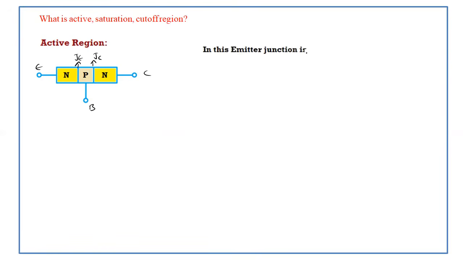Next, the active region. It has the emitter terminal, base terminal, and collector terminal, with an emitter junction and a collector junction. The emitter junction is forward biased, and the collector junction is connected in reverse bias in the active region.